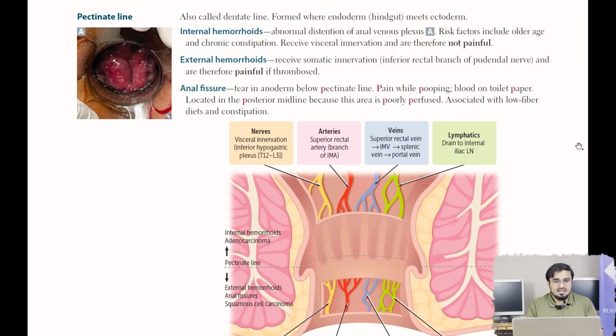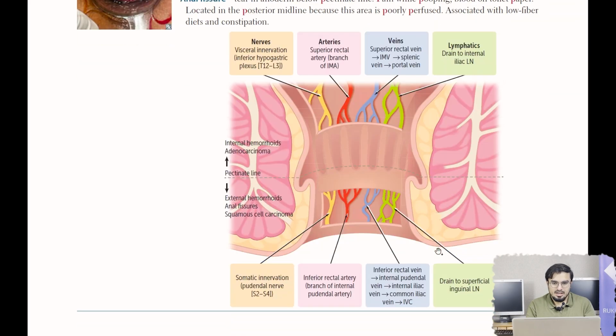To understand the anatomy and pathology of hemorrhoids, we need to know what a pectinate line is. Pectinate line is an anatomic landmark that traverses two parts of lower GI tract or the very lower part of the GI tract. You can appreciate here how pectinate line is dividing the anal canal into two parts.